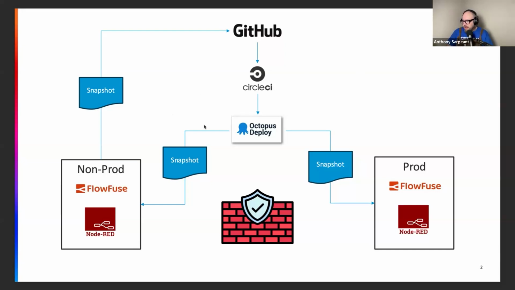Once we've got it in Octopus Deploy, and this is all powered by Bash script at this point, that will push the snapshot again via the API back into our non-prod environment, just to validate that the deployment process is working and happy.